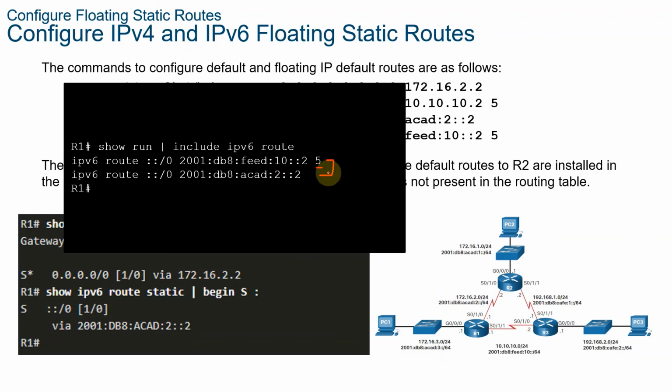For example, the following command output verifies that both IPv6 static default routes are in the running configuration. Since there is no indicated administrative distance here, this is our primary link or default. The default value is 1. And once this goes down, this would be our backup here.